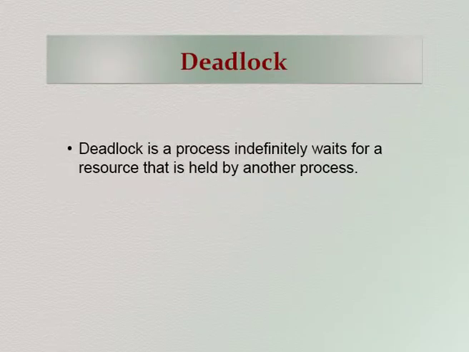Then let us come to a situation. This is an unwanted situation, an undesired situation in any DBMS. Even in operating systems, this is an undesirable factor. The factor that we are talking about is the deadlock situation. Deadlock is when a process is indefinitely waiting for a resource that is held by another process. So, a transaction is in process and it requires some sort of resource or lock.